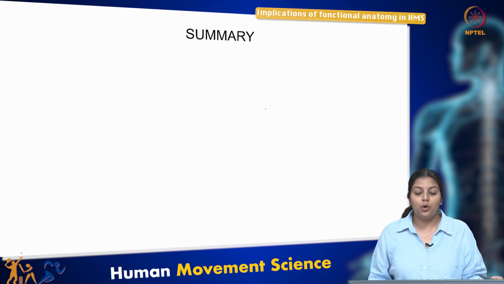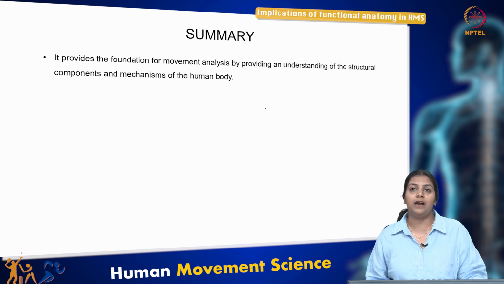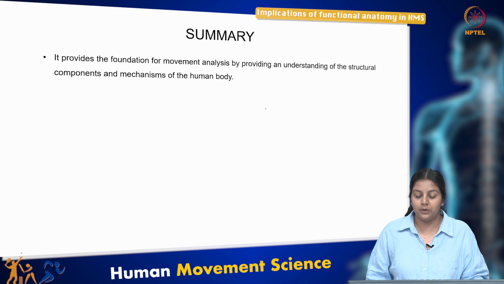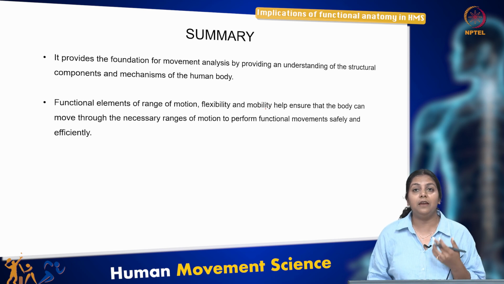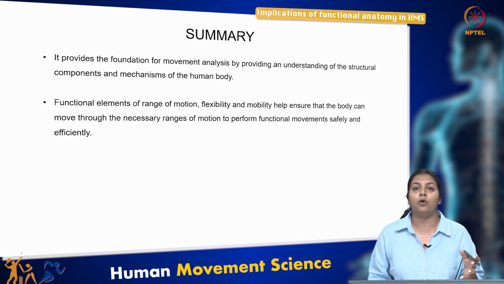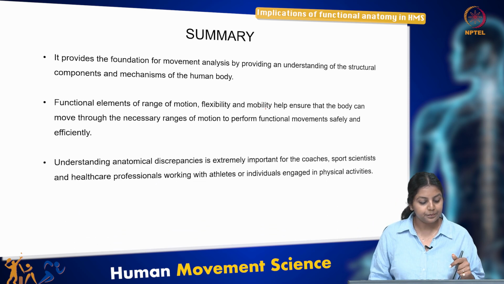So let's understand what we've looked at in this module. Functional anatomy provides a foundation for movement analysis by providing an understanding of the underlying structural components and the mechanisms of the human body. Functional elements such as range of motion, mobility and flexibility help ensure that the body can move through the necessary ranges of motion to perform safe and efficient movement.